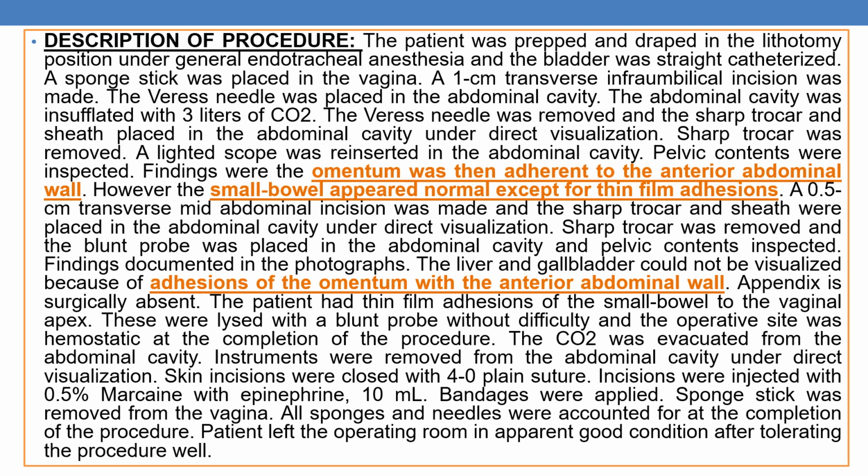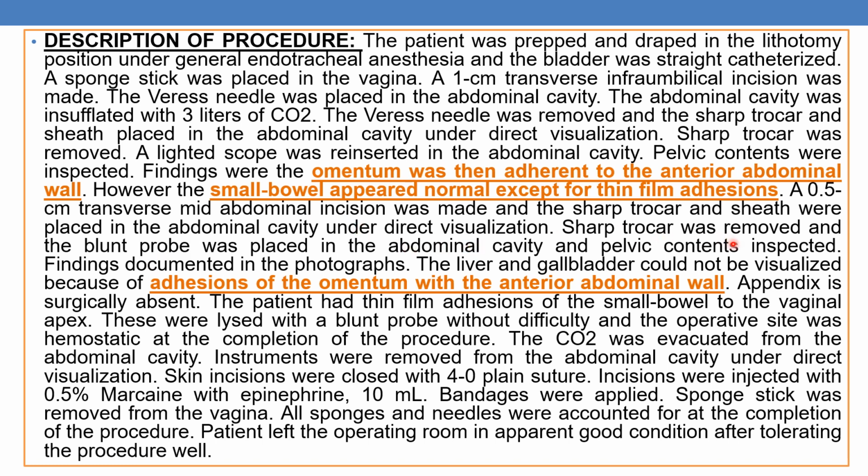The sharp trocar was removed. A light scope was reinserted in the abdominal cavity. The pelvic contents were inspected. The findings were that the omentum was adherent to the anterior abdominal wall. However, the small bowel appeared normal except for thin film adhesions. A 0.5 cm transverse mid-abdominal incision was made and the sharp trocar and the sheath were placed in the abdominal cavity under direct visualization.